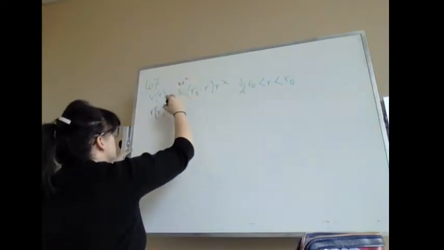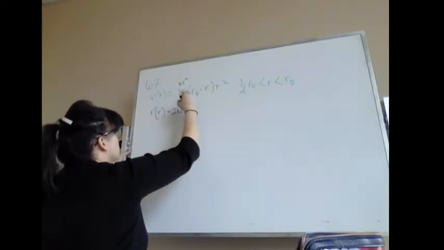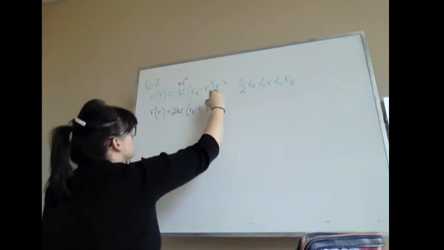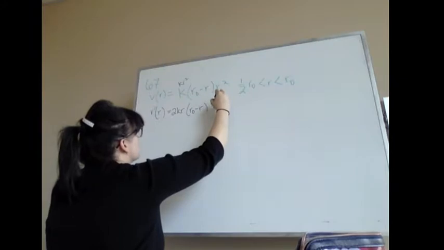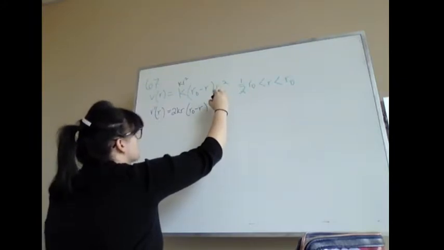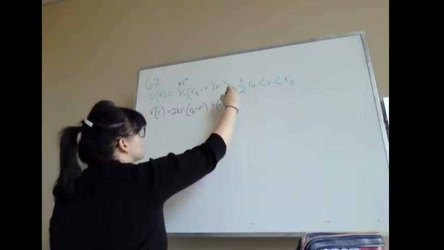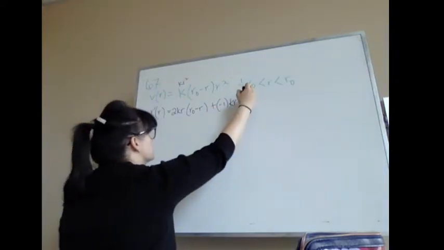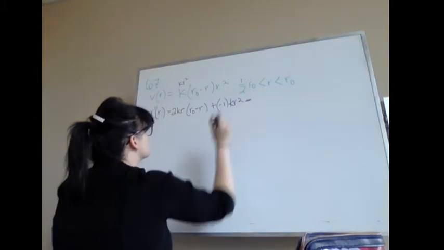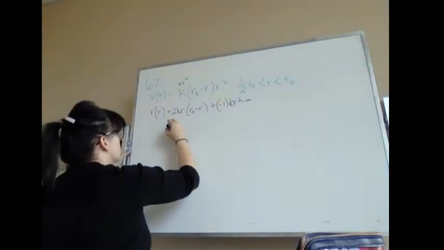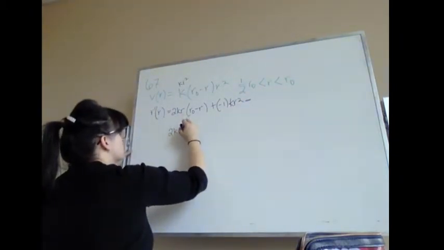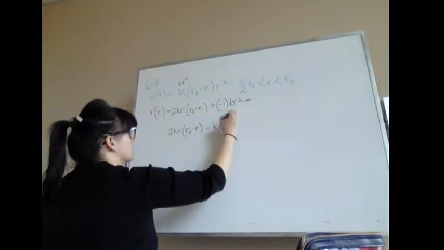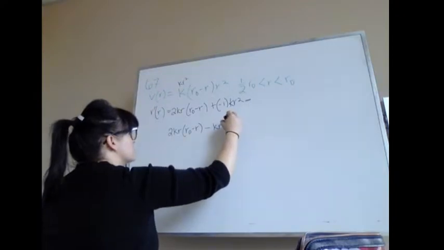Okay. So, 2kr times (r naught minus r), plus negative 1 times k r squared, which equals 2kr(r naught minus r) minus k r squared. I don't think this is going to impact it too much.